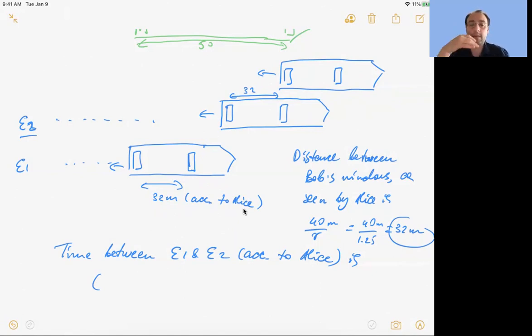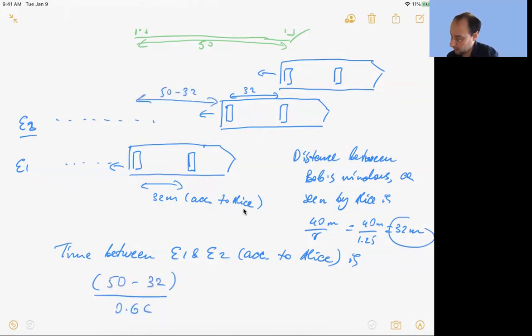In other words, it's the time needed for the back of his ship to reach the back of her ship after event 2. Now, if you crank it out, you will see that this is 10 to the minus 7 seconds, equals 0.1 microseconds.